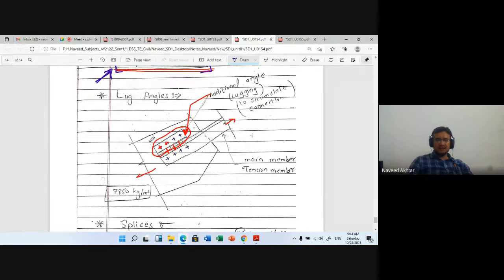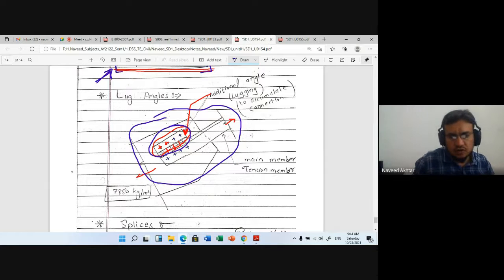And what is the lug angle? I explained earlier. Lug angle is nothing but an angle. If the length of connection is short, you provide an additional angle, and this additional angle is called a lug angle. Suppose you provide a connection, but your gusset plate is very short, and you need around six bolts, but you have place for only three bolts.